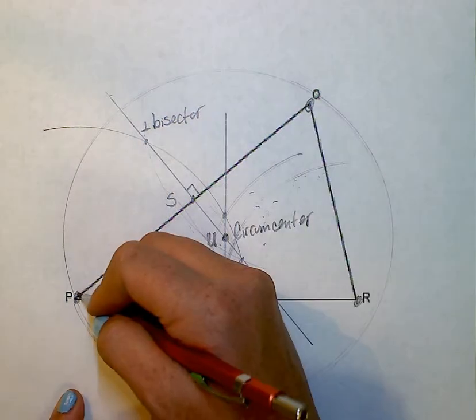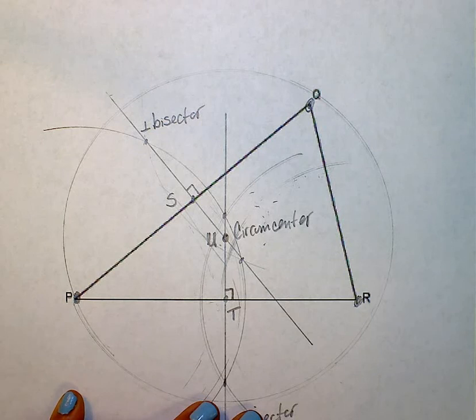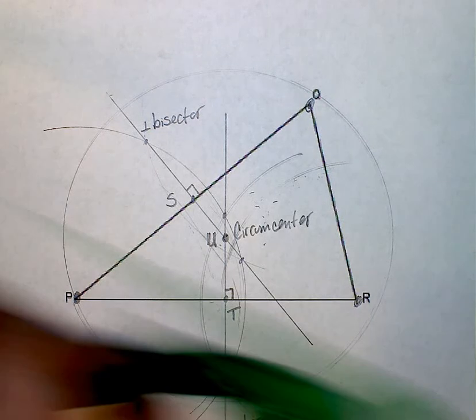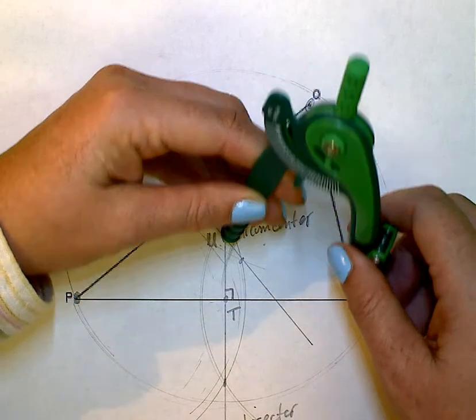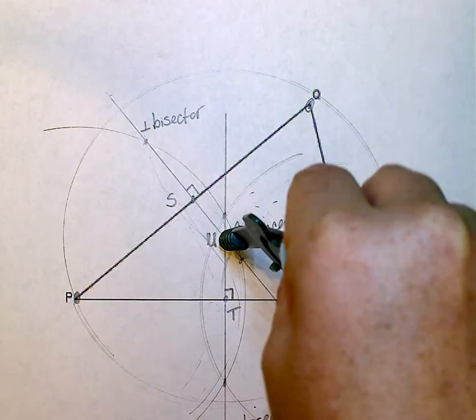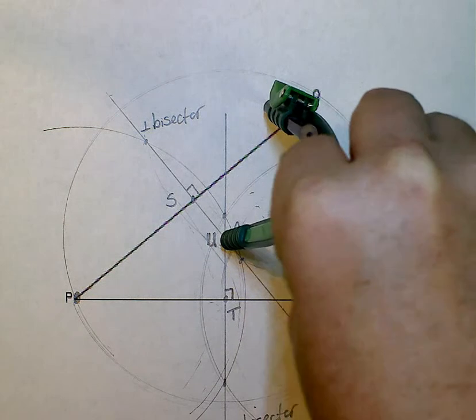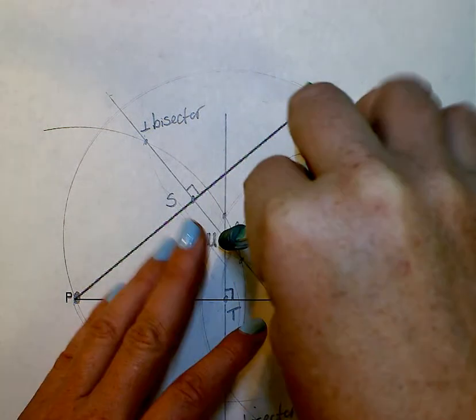I need to tighten up my compass. My compass is slipping just a bit. Let's try it again. I'm going to put it over here on R, and try to sweep around and just be real gentle here, but try not to get my compass to slip.